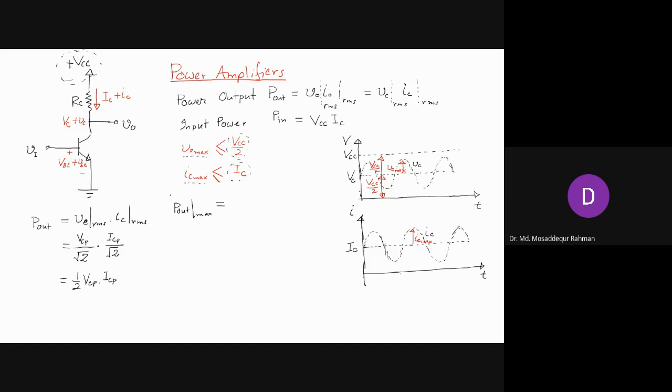If you put these maximum values here, the maximum power turns out to be half of VCC times IC, times a half, which gives us one fourth of VCC times IC. That is the maximum output power we can have with this amplifier.